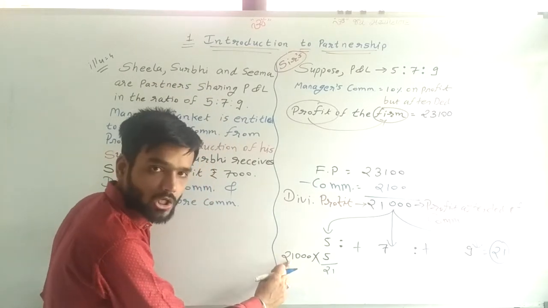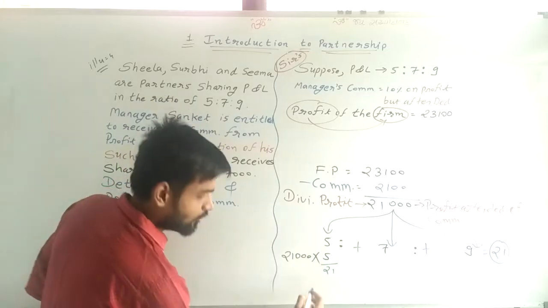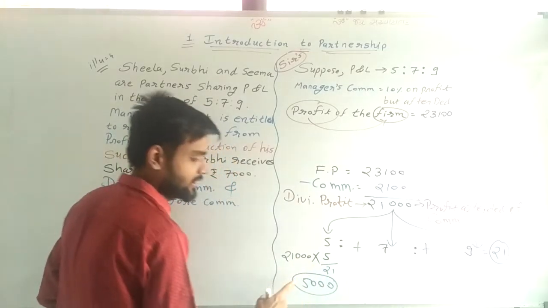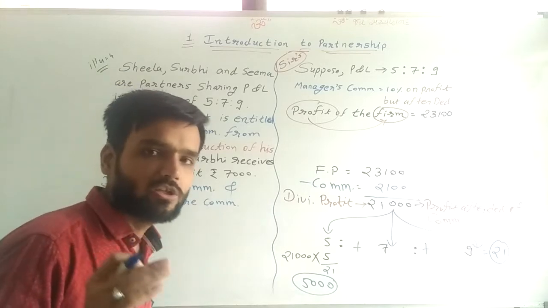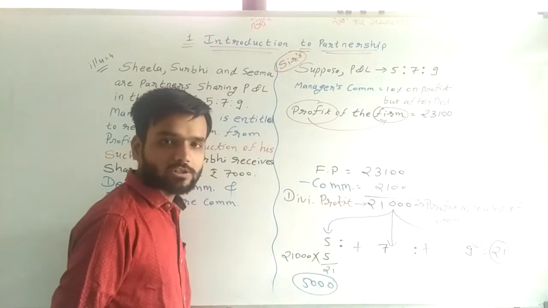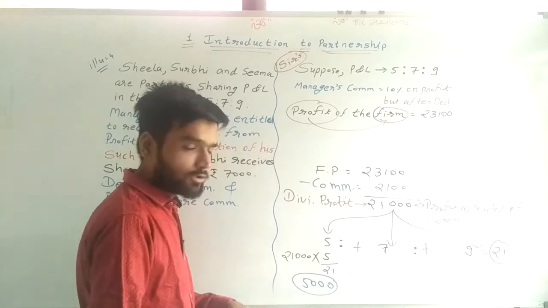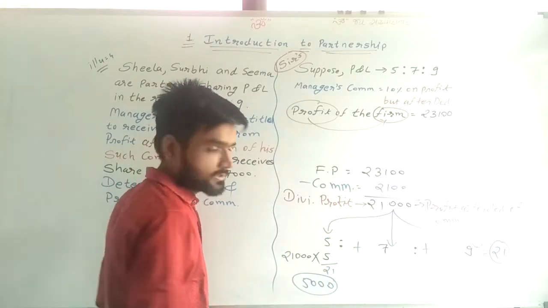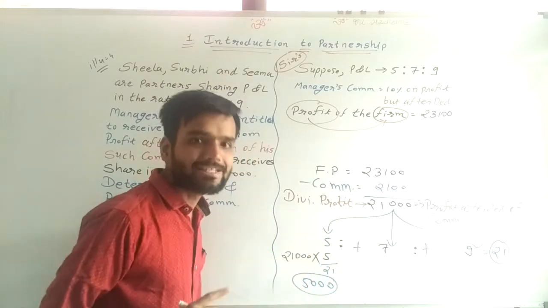21 ones are 21. 1,000 into 5, 5,000. So the profit of the first partner is 5,000 rupees. In the same way for the second partner, we are distributing 21,000, and from that the 7 proportion is for the second partner.